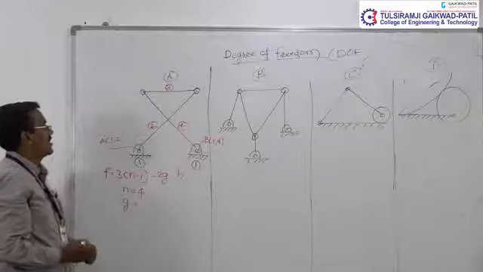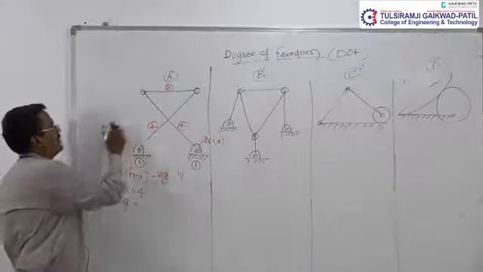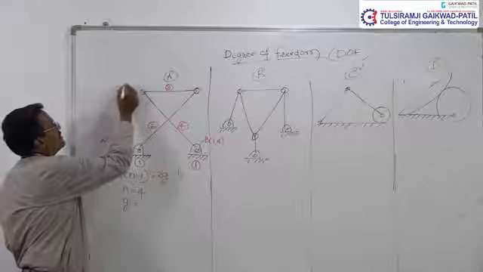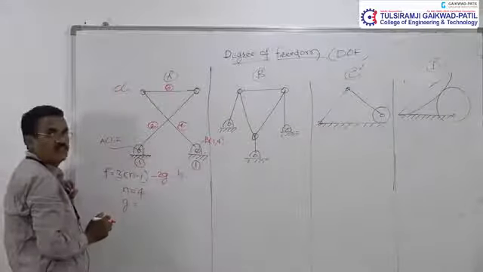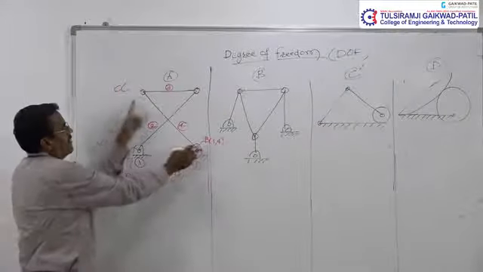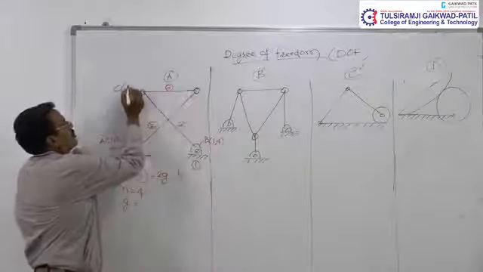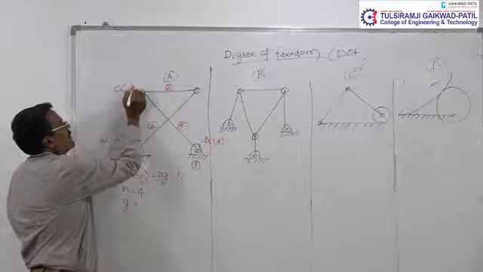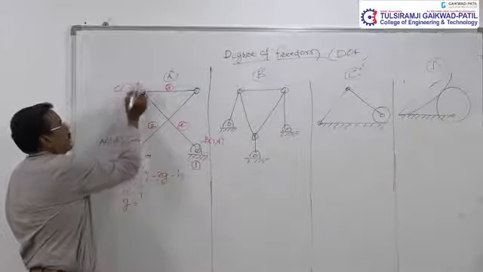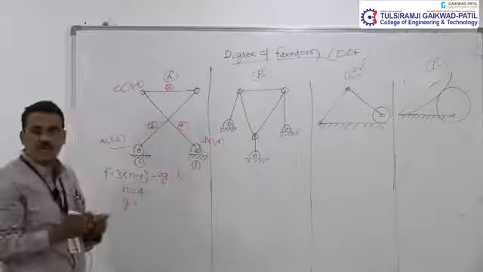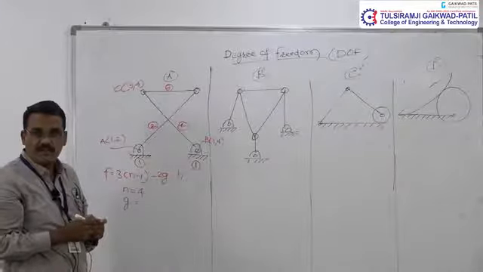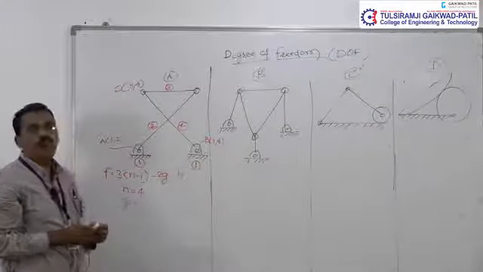Let us check another lower pair. This is pair number C. It is formed by the interaction of link number 4 and link number 3. So C represents a lower pair formed by the interaction of links 3 and 4.